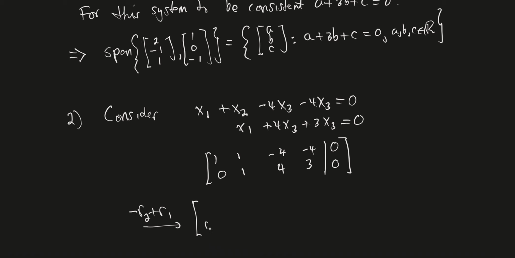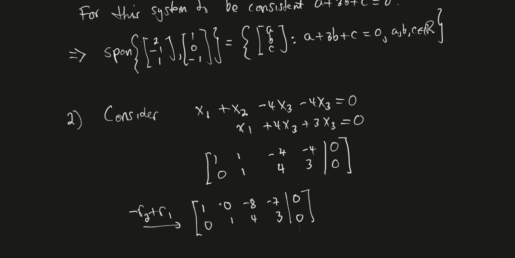So row 2 stays the same, and I'll still have my pivot there. Then I'll have 0, and then the negative of this, so -8. The negative of this plus that, so -7, and then still 0 there.